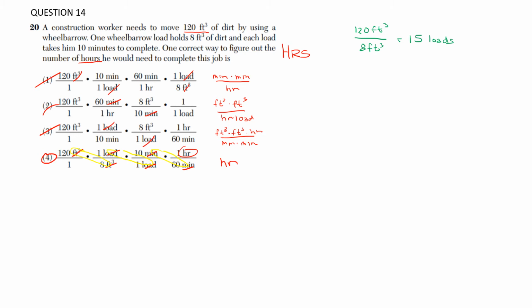We know that each load takes him 10 minutes to complete, so we can just multiply each load by 10 minutes. That would give us 150 minutes. And we can convert this easily to hours by dividing it by 60. 150 divided by 60 equals, I think, 2.5 hours.